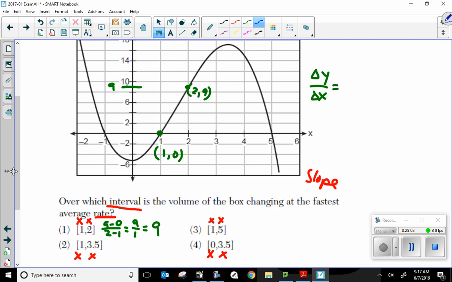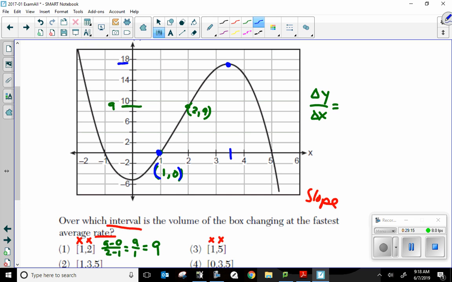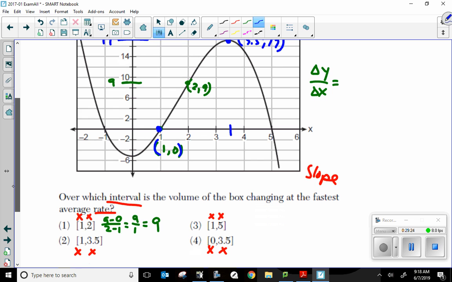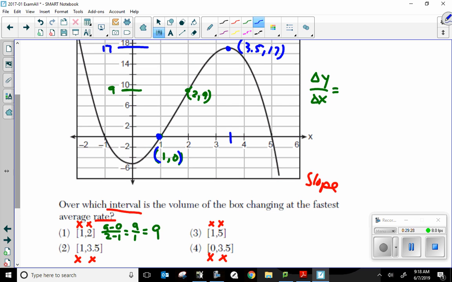All right, let's look at choice 2 here. Okay, 1, which is still here, to 3.5, which is about here. And that goes all the way up here, to 17 in the middle here. So that's 3.5 to 17. Make sure we include this here.